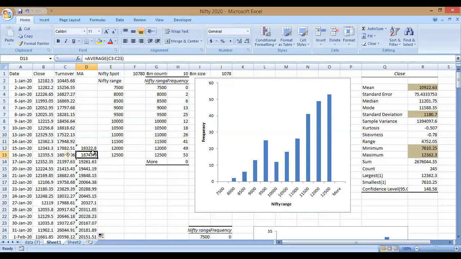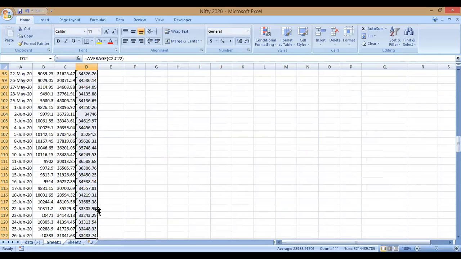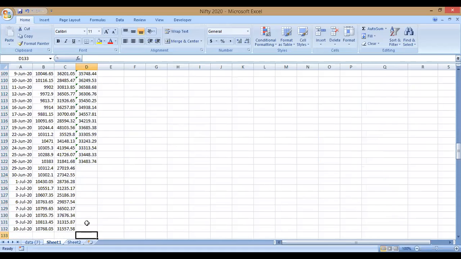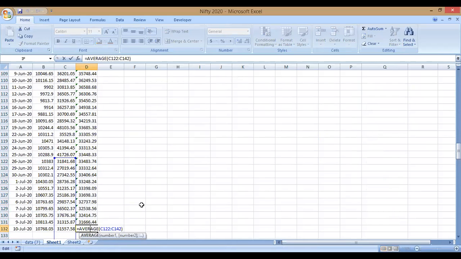Then we copy-paste for all the rows, and you will have to take out the values that are not giving the right points. This one is showing down below, so I will not take this, I'll delete it. Similarly, you take it till the point where it is relevant. This is again not correct.